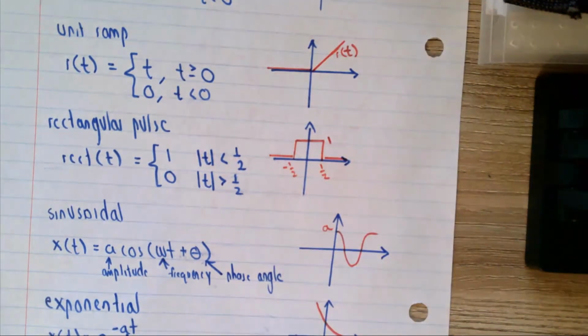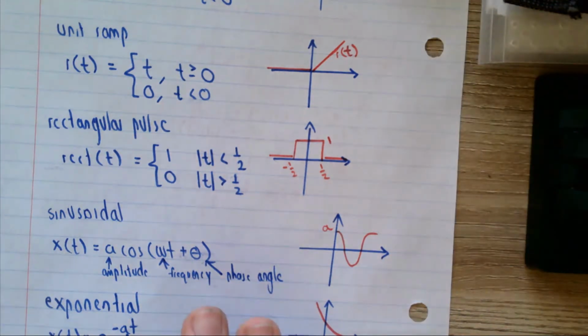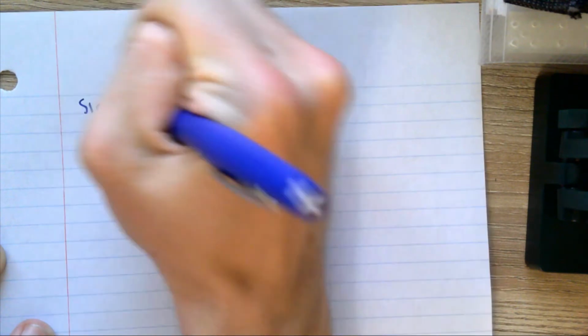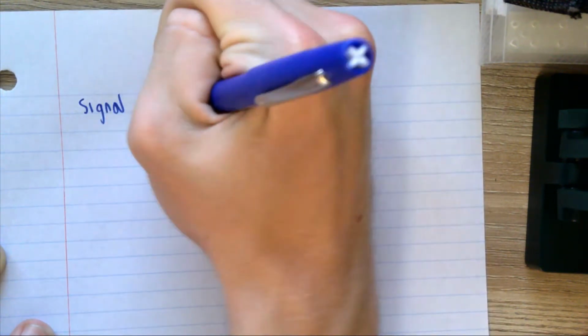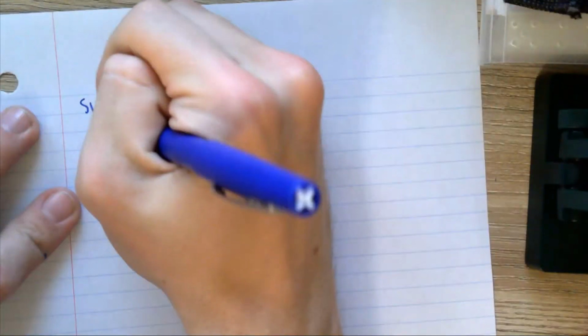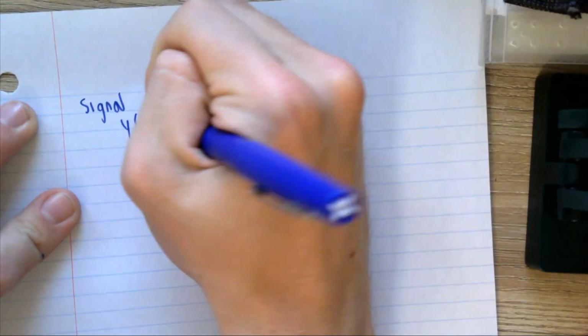an operation on a signal. So let's look at signal operations. For the first one, signal addition, it's going to be y of t is equal to x of t plus b.